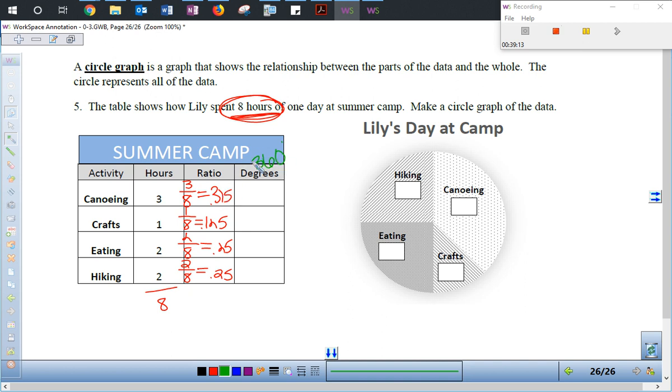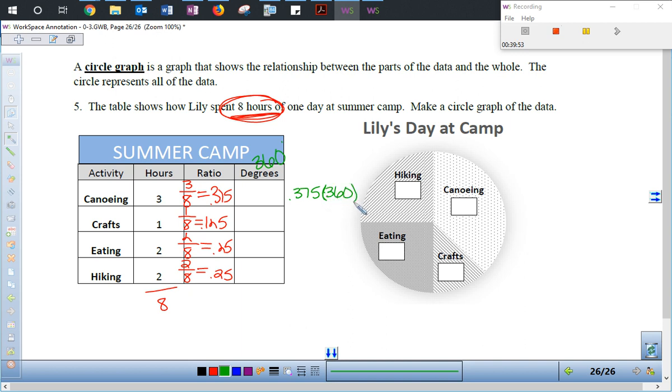So here's what I want us to do. We're going to show this work over here on the right-hand side, just so when you get to your homework and you look at it and you say, wait, what did I do here again? We are going to be able to look back and see, oh, that's right, I multiplied it. So here I need to take my ratio of 0.375 and multiply it by 360 degrees.